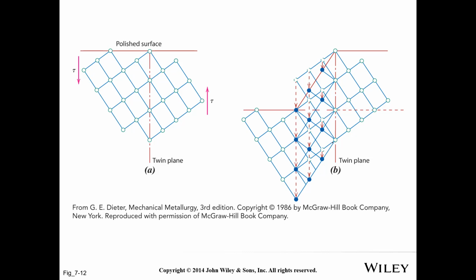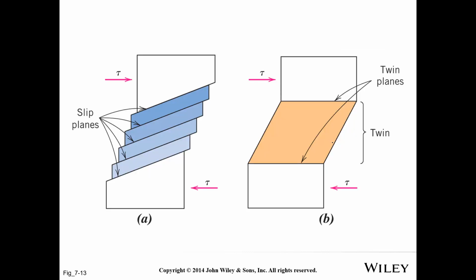I think the next figure kind of shows what's going on a little better in comparison to slip. And that is, you can see for slip planes, blocks of materials in sort of discrete blocks slip past each other. For twinning, a block of material in the crystal kind of rotates around these slip planes. And you can kind of see a couple differences there.